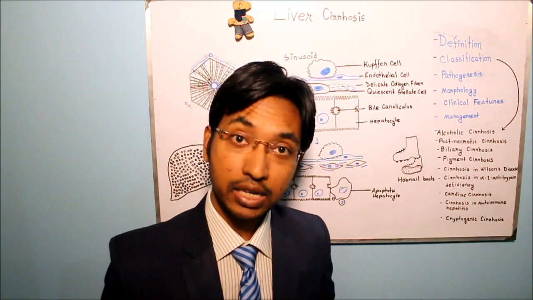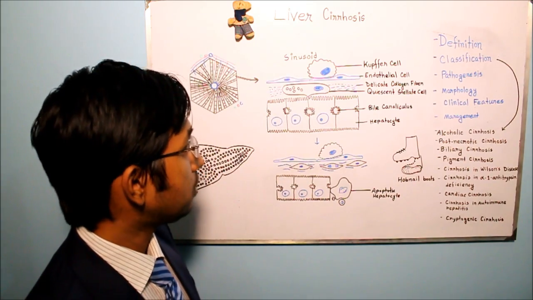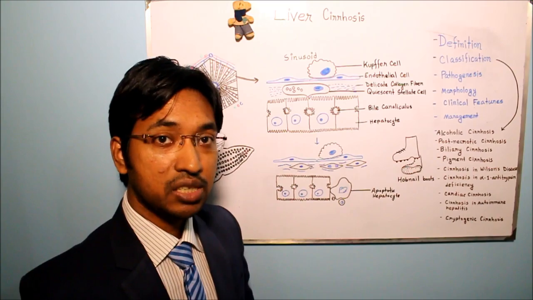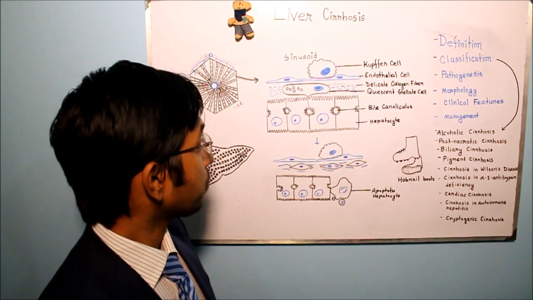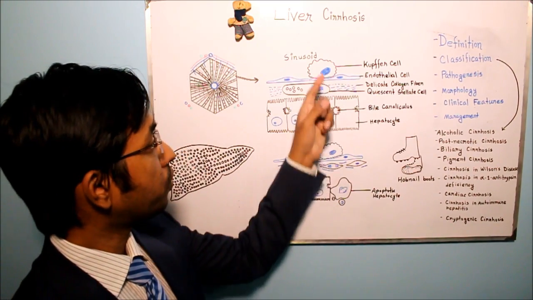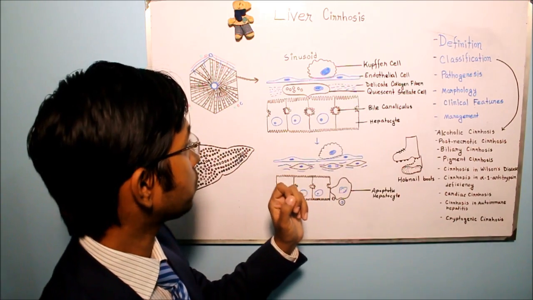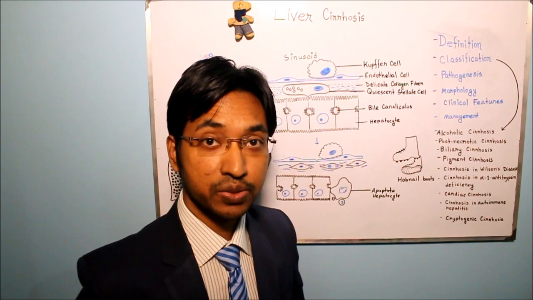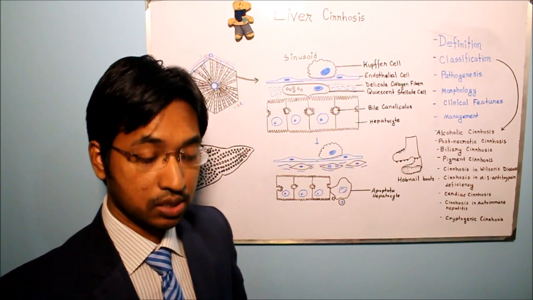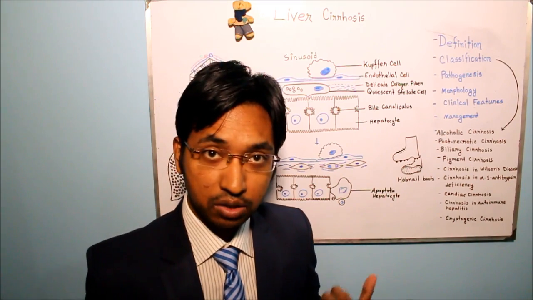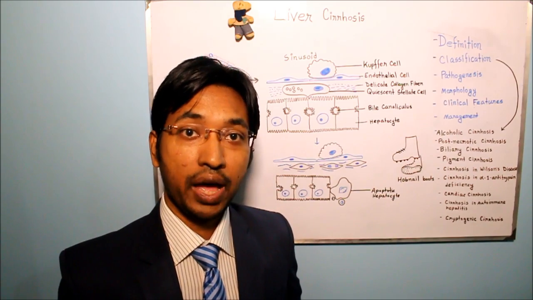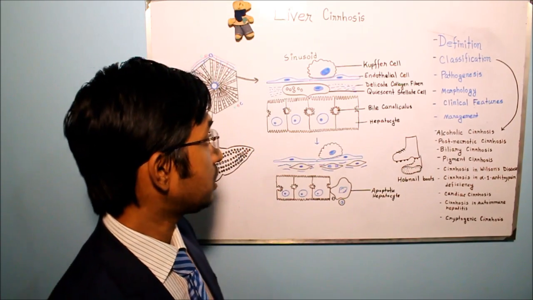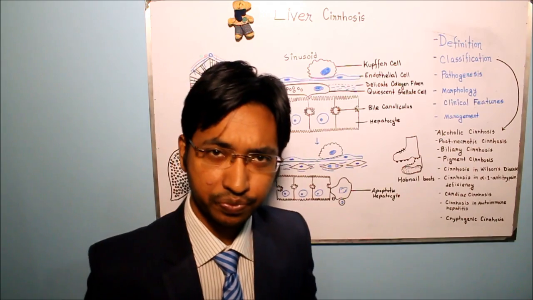Again, various chemical mediators may be released from Kupffer cells, endothelial cells, the hepatocytes, even from the epithelial cells lining the bile ducts, and all these chemical mediators will also activate the inactive hepatic stellate cell.